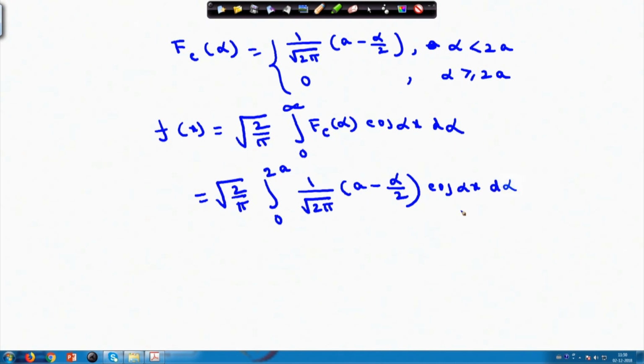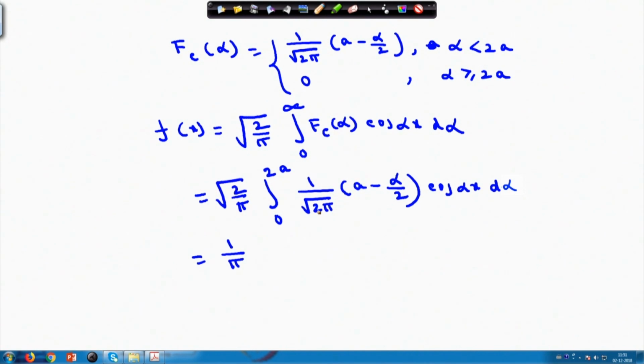So, this is quite clear. I think that whenever I am writing it 0 to 2a, for 2a to infinity, the value of the Fourier cosine transform is 0. Therefore, this integral will be coming as only this one. So, your f x equals, I can write it as 1 by root over 2 pi.